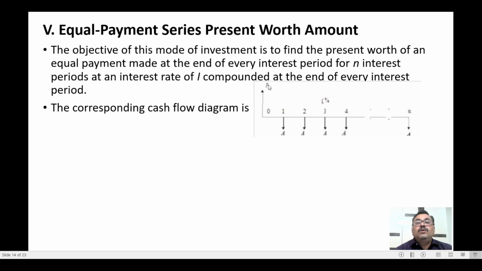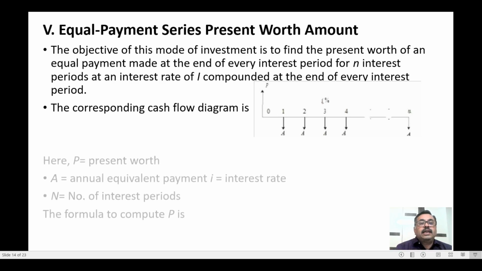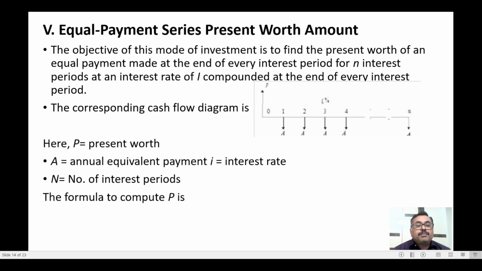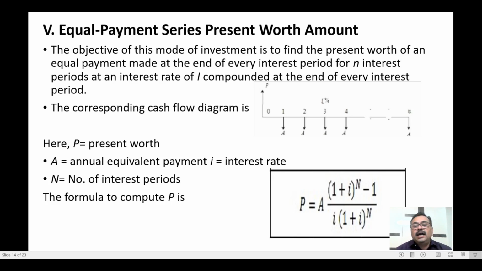What is the value of that particular amount at the present day, that we have to calculate here. Here P is the present worth, A is the annual equivalent payment, I is the interest rate, N is the number of interest periods. The formula to compute P is P is equal to A into ((1 plus I)^N minus 1) divided by (I into (1 plus I)^N).